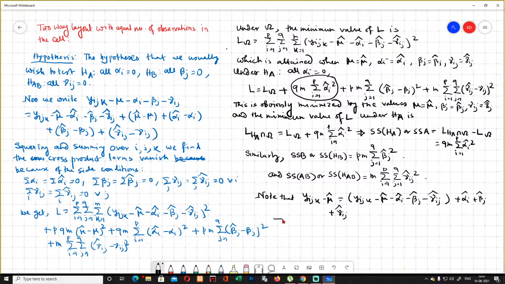So this is called orthogonal splitting. That is, the components are orthogonal.